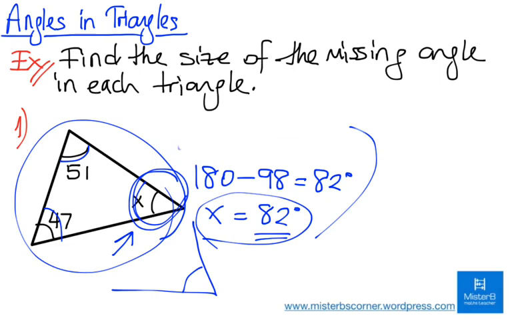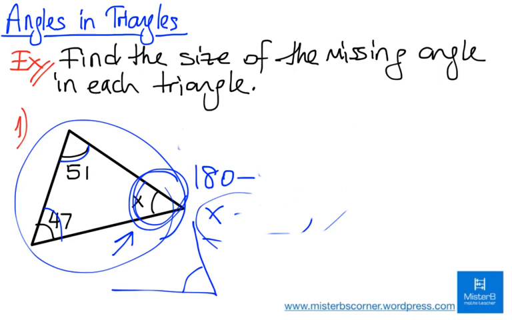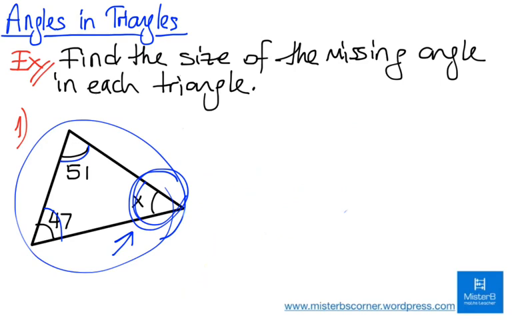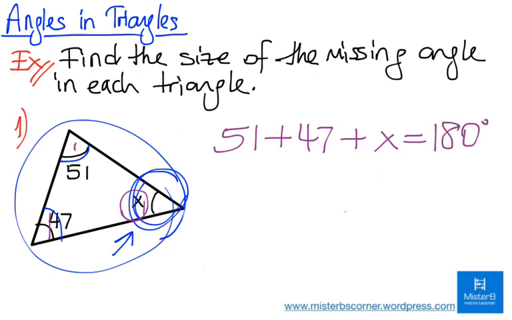Now, the algebraic way is that you can just go and say 51 plus 47 plus the angle x that you don't know. These three angles must add up to 180. That's the triangle angle sum rule, right?